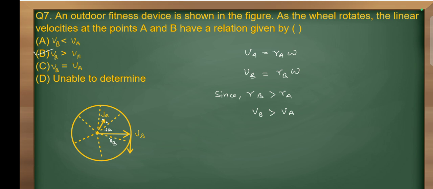Let RA be the distance of point A from the center and RB the distance of point B from the center. We know that linear velocity is r times omega, where omega is angular velocity. Since the distance of particle B from the center is greater than that of particle A, the velocity of particle B will be greater than the velocity of particle A. So option B is correct.